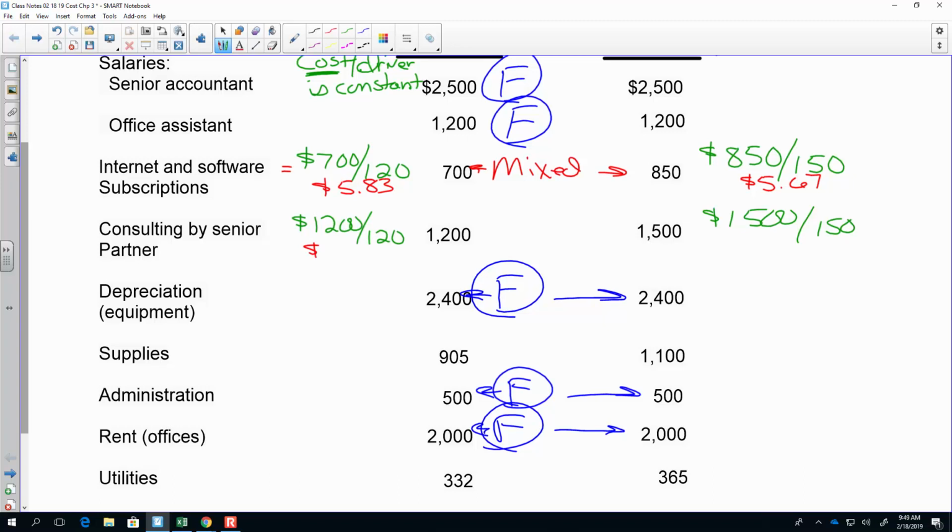I think I heard it. Holly, 10 per hour or driver, right? This is also what? 10 per driver. So, same number, right? That fits what definition then? Variable.